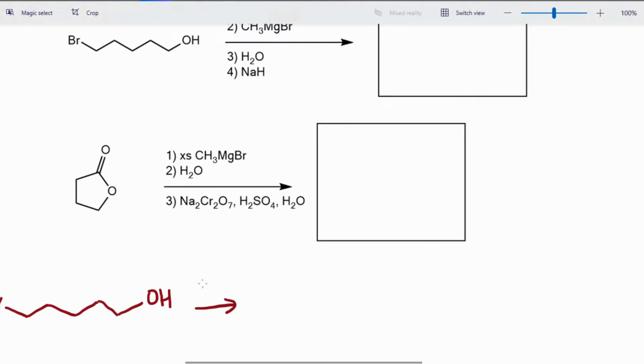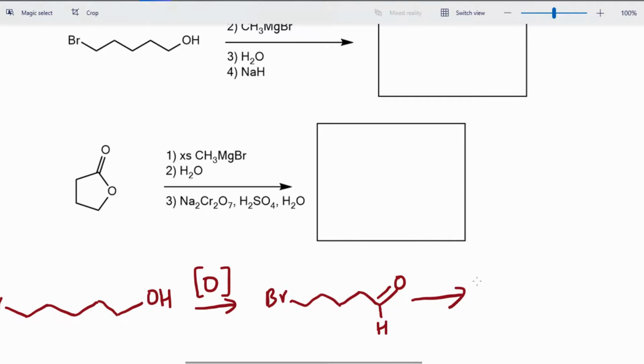So I'm going to call it oxidization right here, and we're going to convert that group, specifically the hydroxyl group, into an aldehyde. So that's the first step in the reaction.